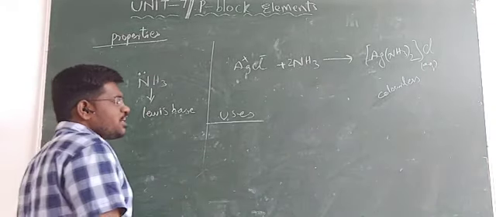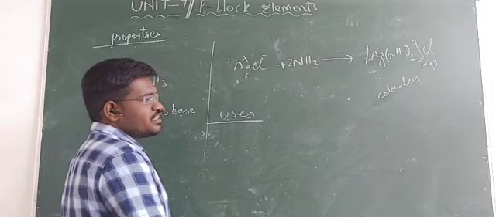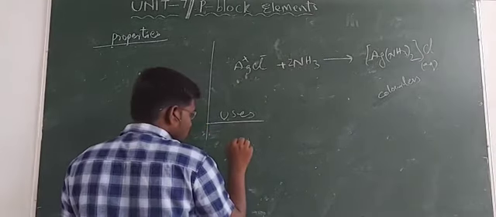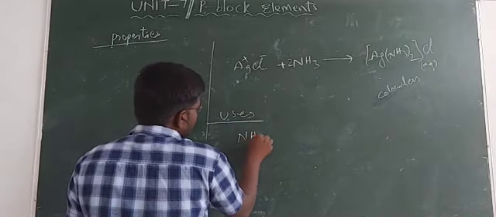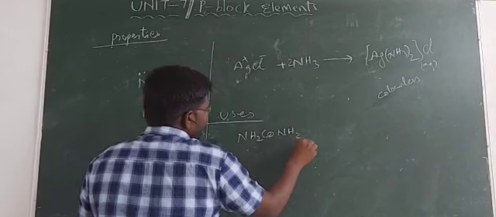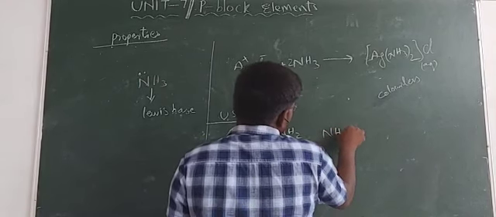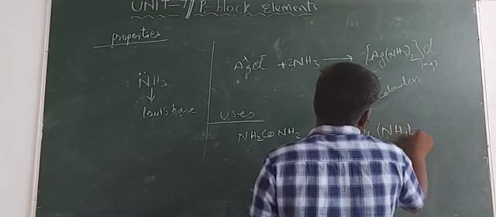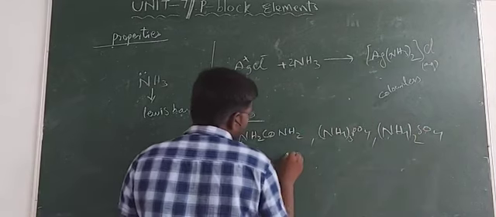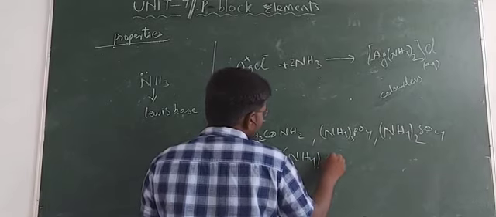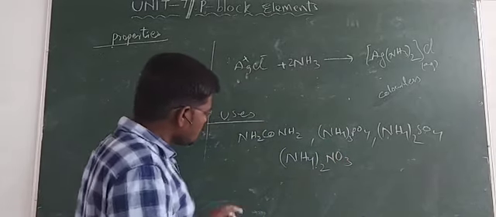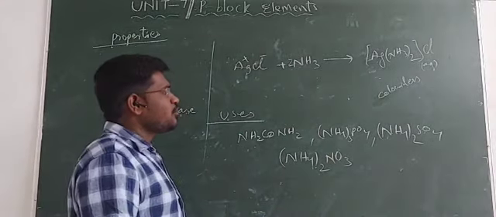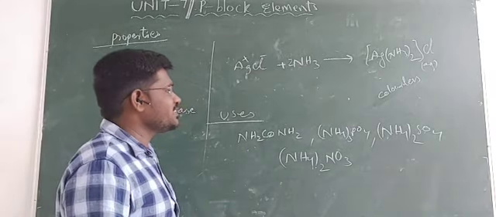The first one: ammonia is used to manufacture various types of fertilizers. For example, urea, NH2CONH2, ammonium phosphate (NH4)3PO4, ammonium sulfate (NH4)2SO4, and ammonium nitrate NH4NO3. These are all used as fertilizers. To prepare all these fertilizers, ammonia, NH3, is the starting material.